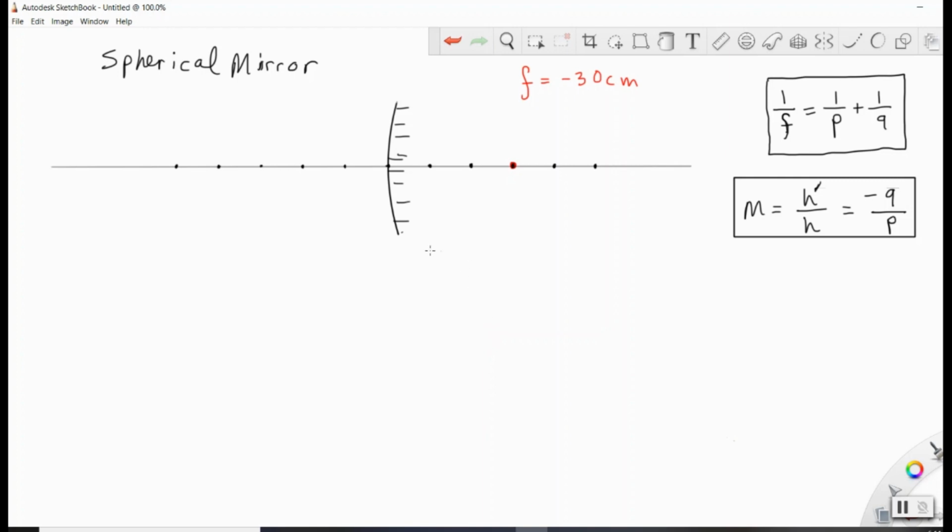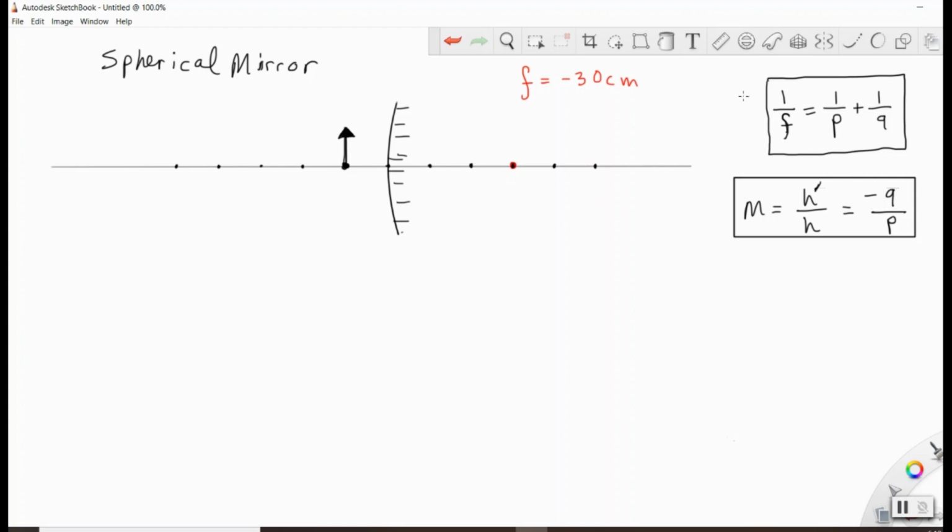Given that focal length, let's say we have an object located right here at p equal to positive 10 centimeters, and I'm going to make the object height also 10 centimeters. So I'll place an object right here, and I want to know where the image is going to be located.